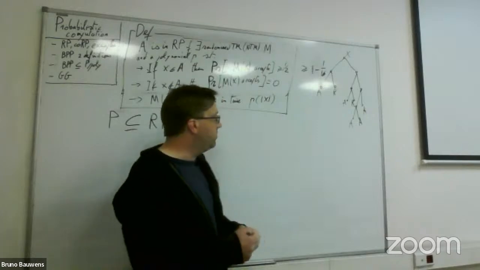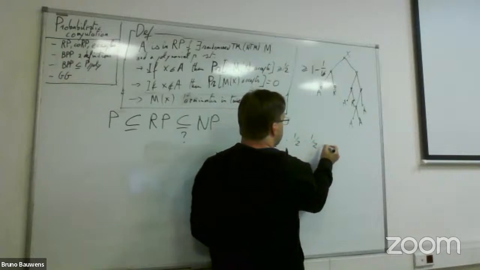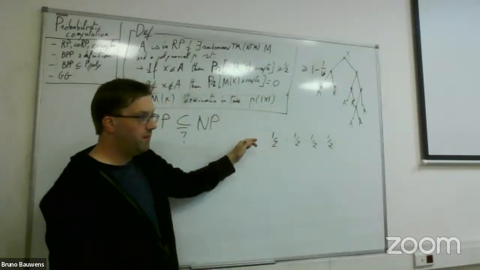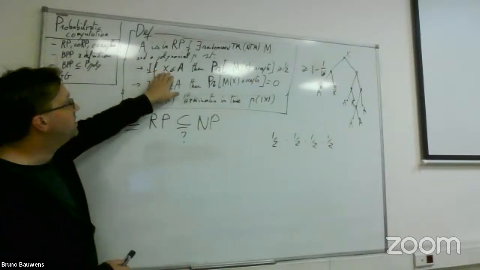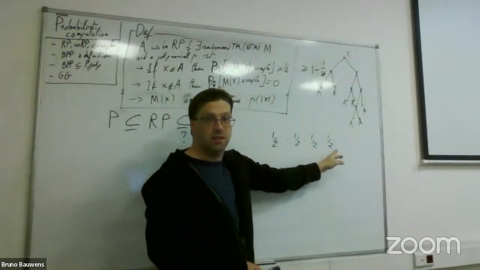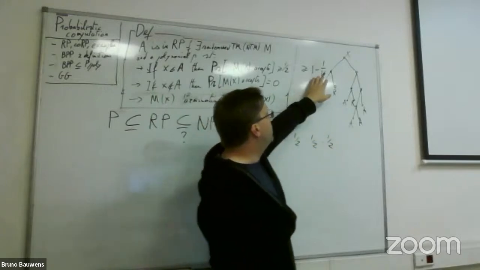The probability the second run rejects is also at most 1/2, and we need to multiply these things. So if X is in the language, the probability that we have 4 times reject is at most 1/16. So we have error like this.